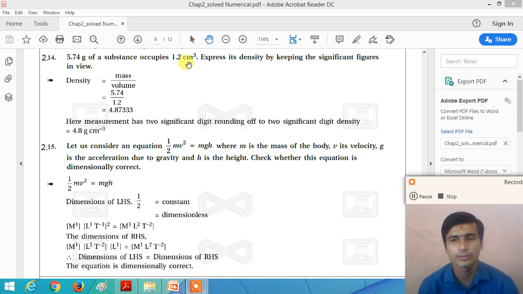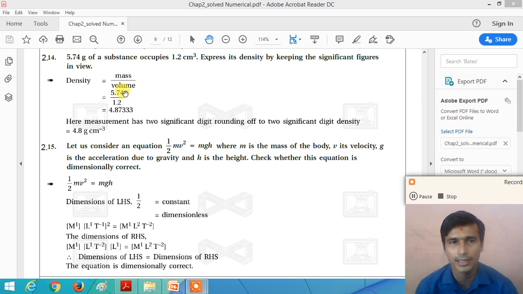Now what are the significant figures? In the mass, 5.74, the significant figures are 3, and in the volume, 1.2 centimeter cube, the significant digits are 1 and 2, so the total significant figures in the volume are 2.